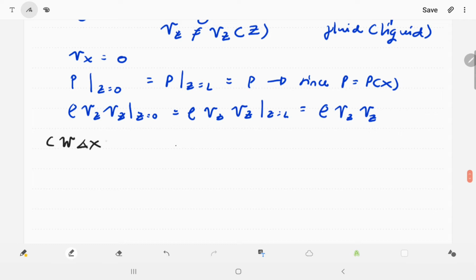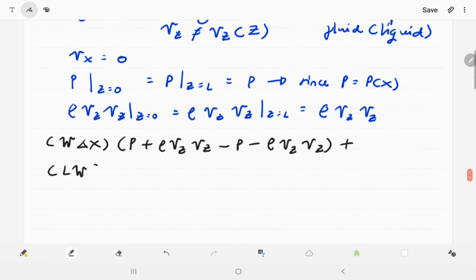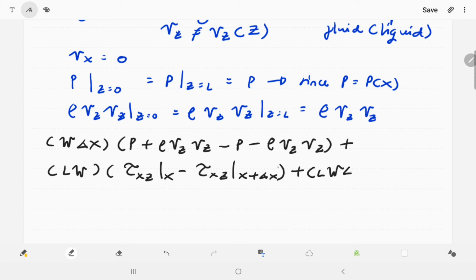W delta X plus rho Vz minus P minus rho Vz plus L W tau XZ at X minus tau XZ at x plus delta x plus L W delta x rho g cos beta is equal 0.